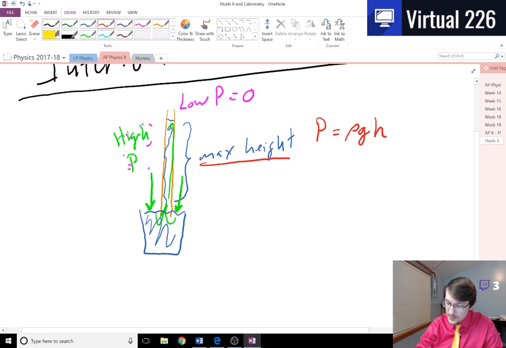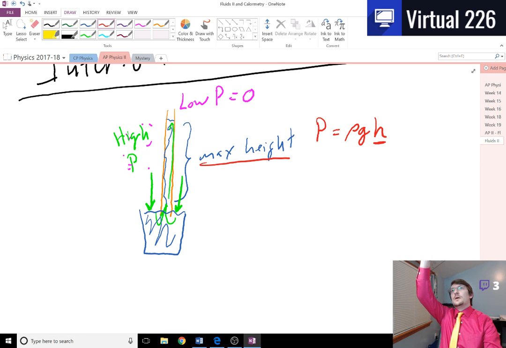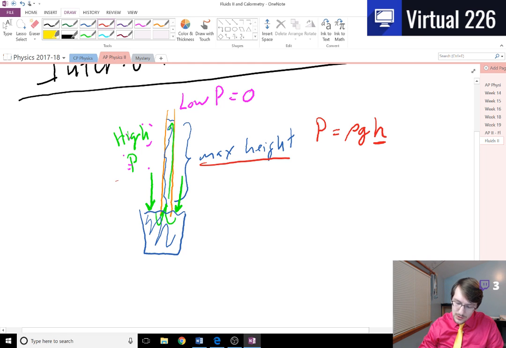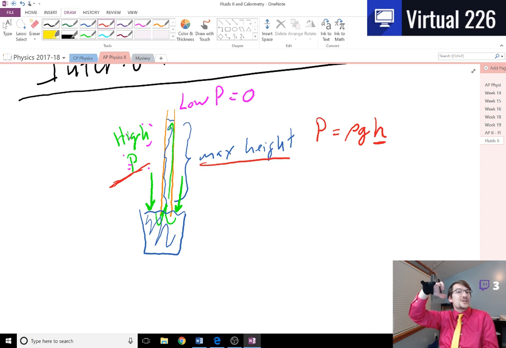And hey, look, we've got a max height we can play with. If we can get the pressure of this column of water to be equal to the high pressure, that means the pressure from the water pushing down and the pressure from the atmosphere pushing up are going to be equivalent. And then we can figure out, well, how high is our water or other fluid going to be.